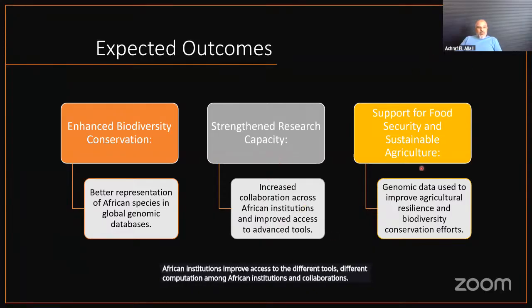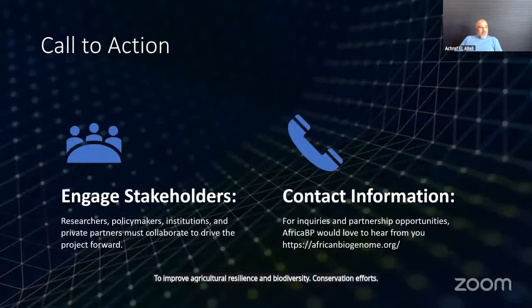And of course, support for food security and sustainable agriculture by using genomics in the way it's meant to be used, to improve agricultural resilience and biodiversity conservation efforts. Of course, we call on you to help us engage.